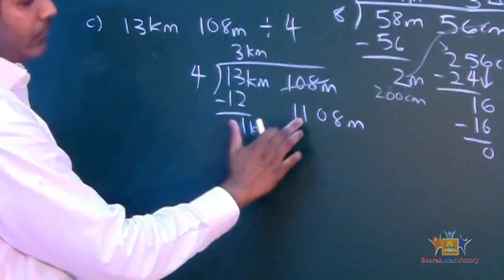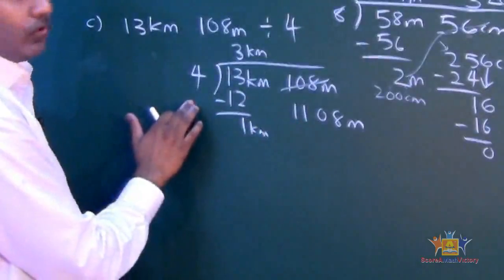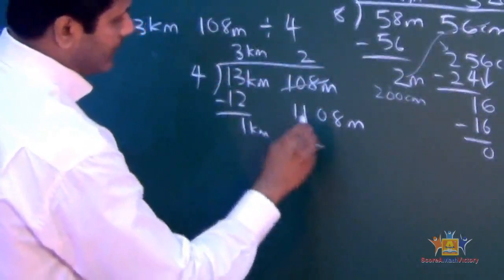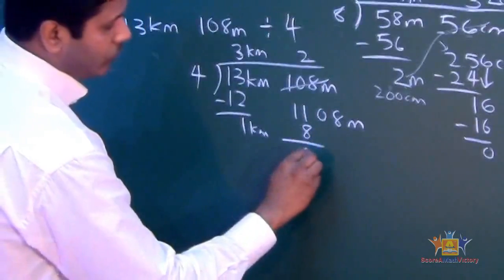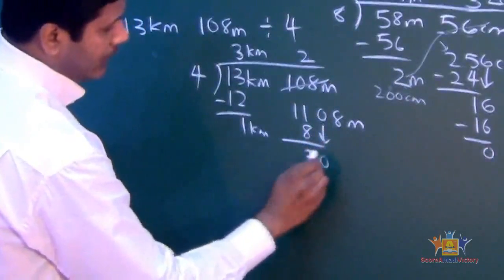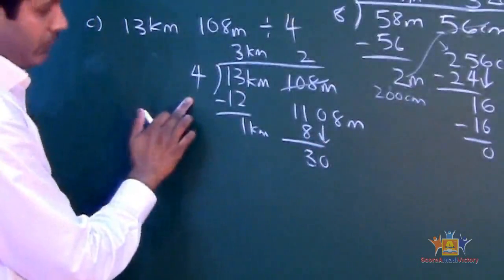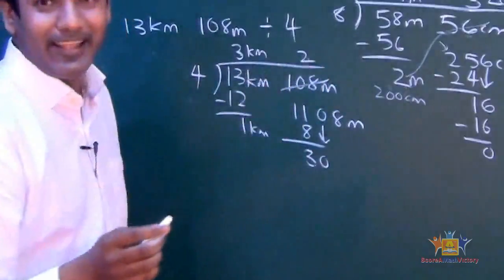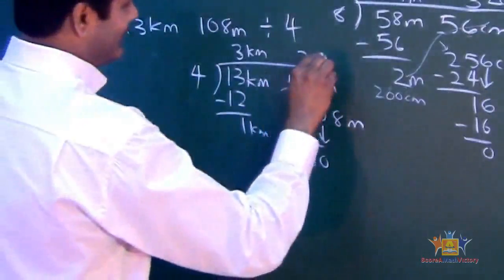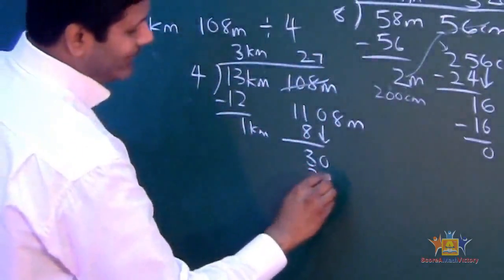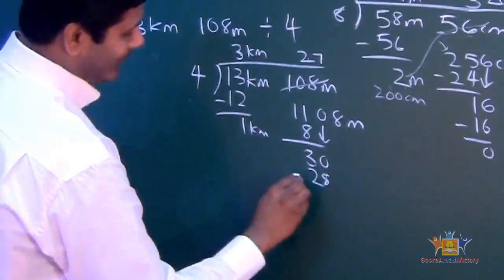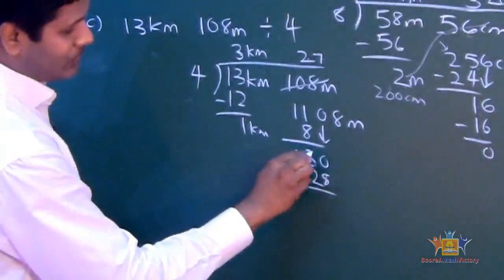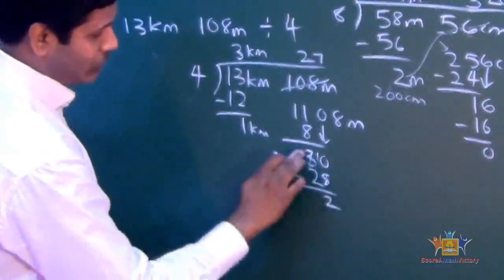So 1 I cannot divide, so I go to the next digit. In 11 there's how many 4? 2, because 2 times 4 is 8. So 11 minus 8 is what? 3. Bring the 0 down. In 30 there's how many 4? 7. 7 times 4 is 28. 30 minus 28: 0 minus 8 I can't, so I borrow from 3 and it becomes 2. 10 minus 8 is 2. 2 minus 2 is 0.